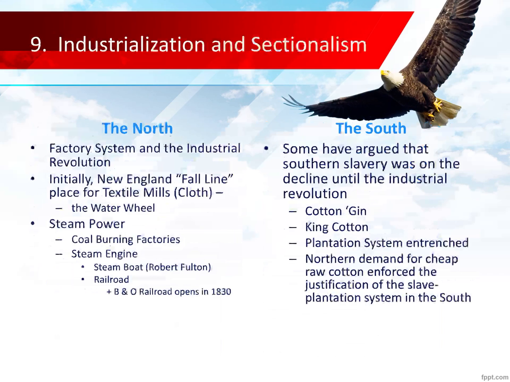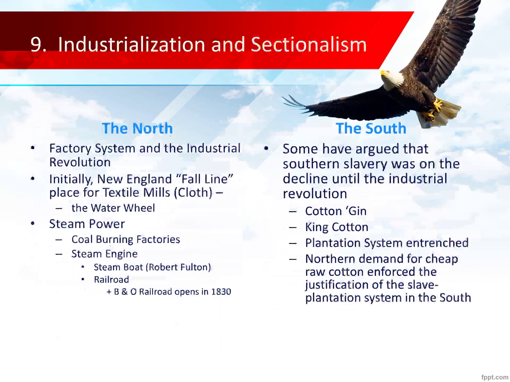These factories can also go anywhere where a boat can go because of the steamboat, which was invented by Robert Fulton. And railways are going to allow people to go past the fall line and actually get materials such as coal, which you need for steam engines. So like the B&O Railroad opens in 1830. All this is happening very fast, but all this is happening in the north.